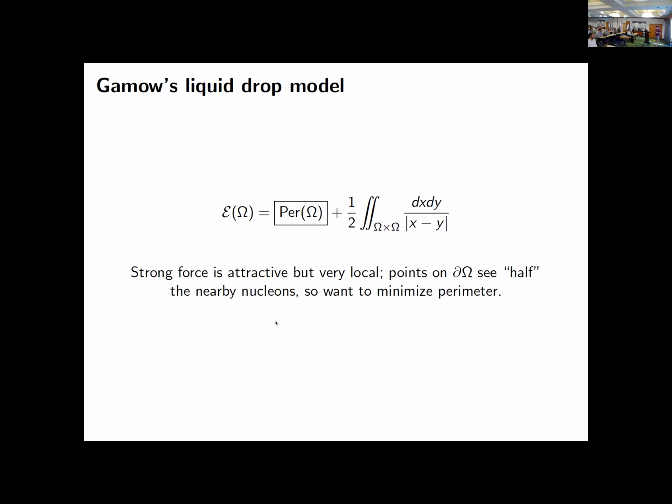On the inside of your set omega, you see a whole sphere of nearby particles, which you're happy about. But on the boundary, you're missing half the sphere. So being on the boundary, you lose out on the strong force. If there's lots of boundary, there's lots of points losing out, so the energy should go up. This is Gamow's justification for his model.